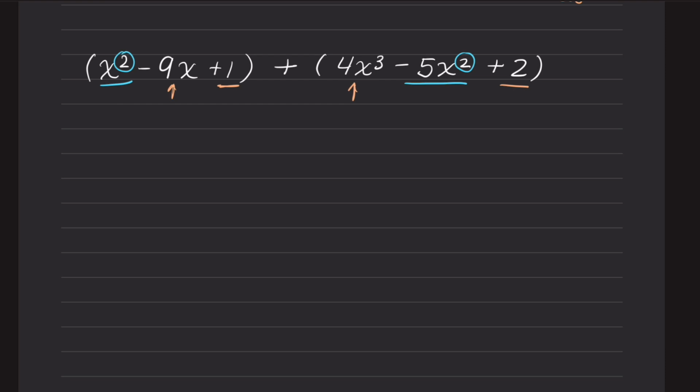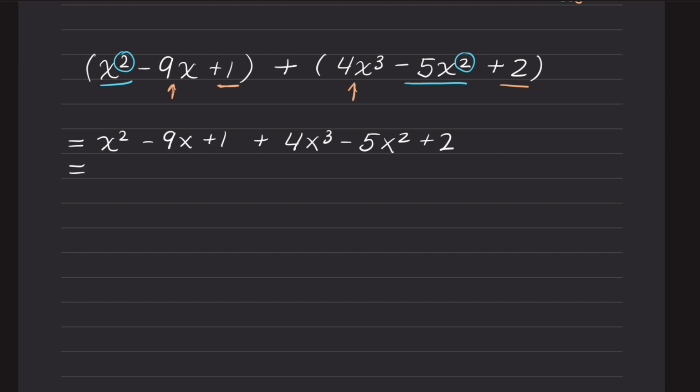So when I go to combine my like terms, I'll have my x squared minus 9x plus 1, I'm just adding to this 4x cubed minus 5x squared plus 2. I'm just writing this all out. Really, I'm just dropping the parentheses.